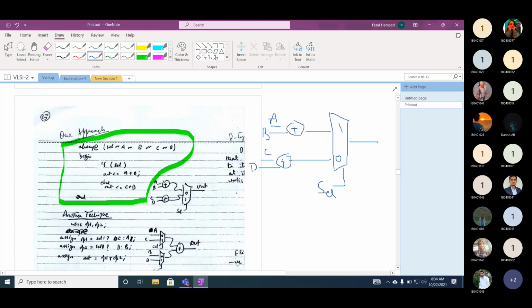But this hardware is inefficient. We want to achieve the same functionality, but using an efficient approach. How can we do this? Anybody? No, not ALU. Just look at this example. Don't look at ALU.